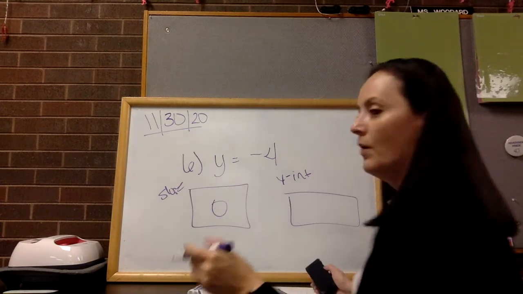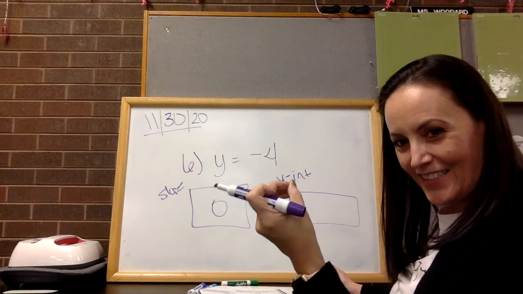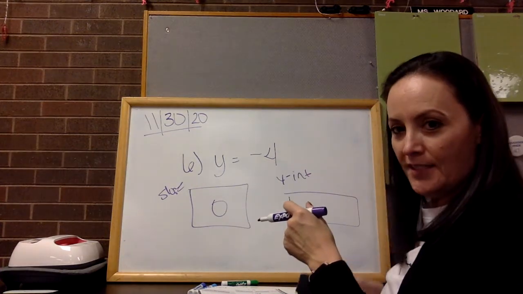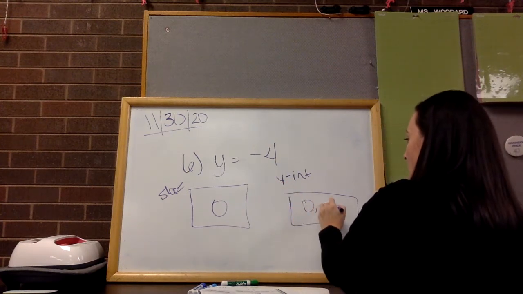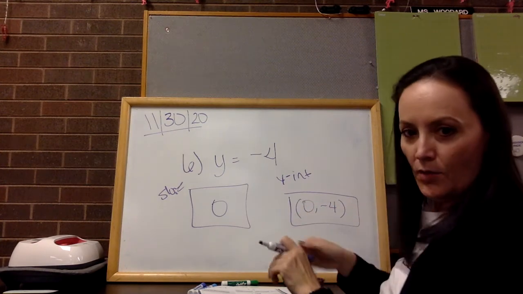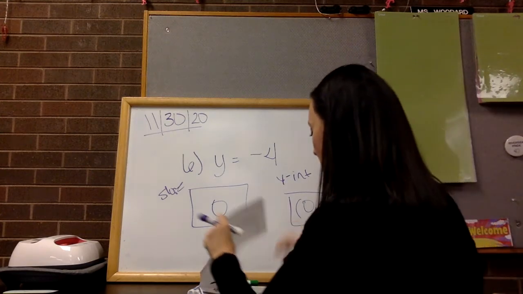Slope's going to be 0. 0 times x is 0. So that's what gets rid of that x totally. So the slope here should be 0. The y-intercept is still that integer number at the very end, which is -4. So when x equals 0, y equals -4. So there is my slope and there's my y-intercept for number 6.